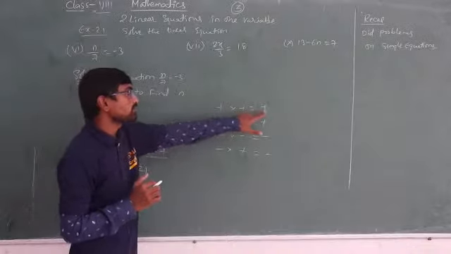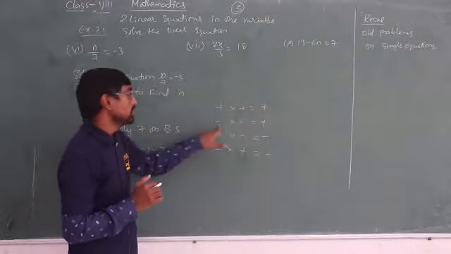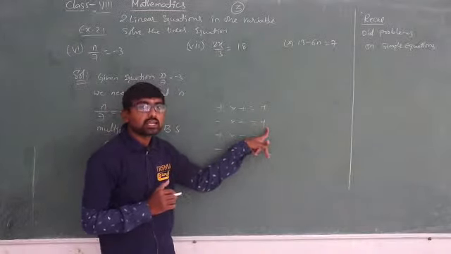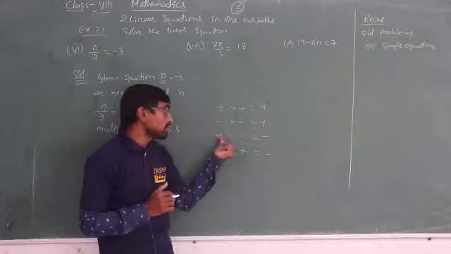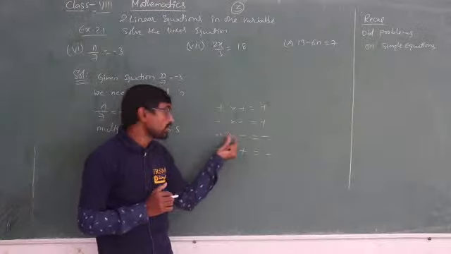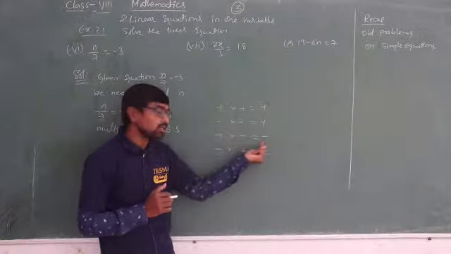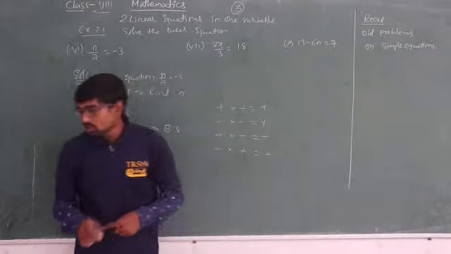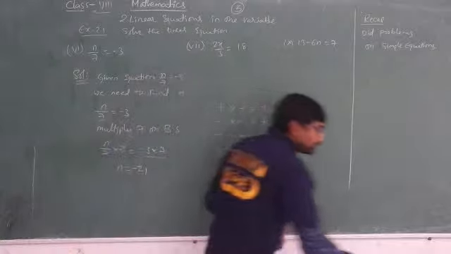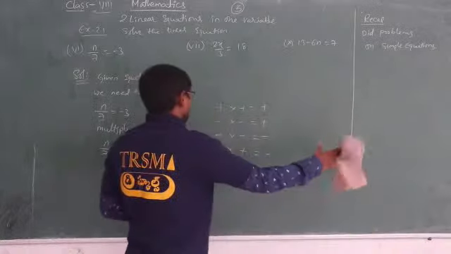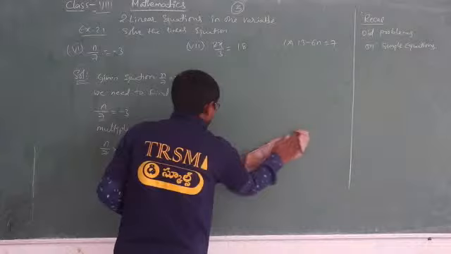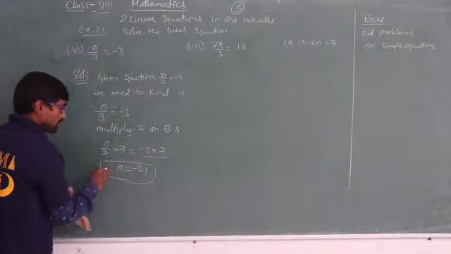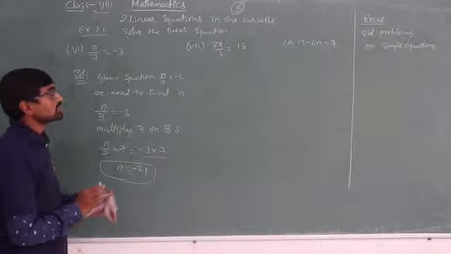Here also we get a negative symbol. Therefore we have got the value of n, that is -21.